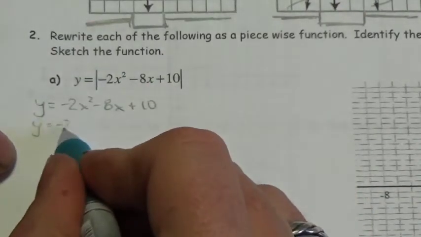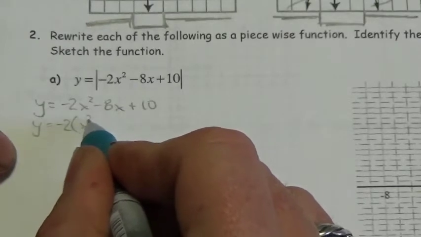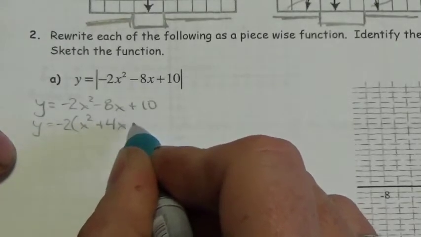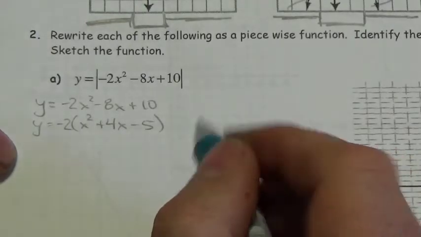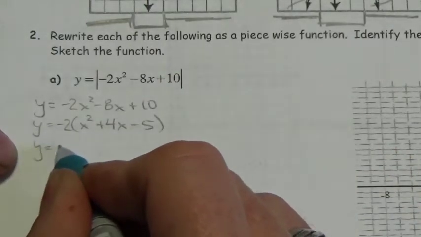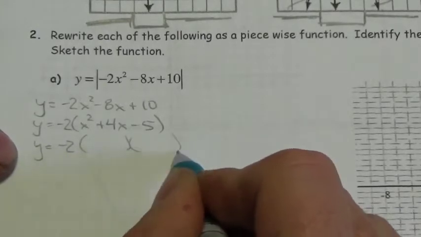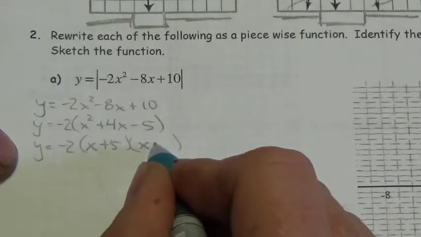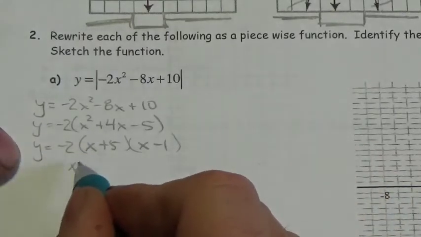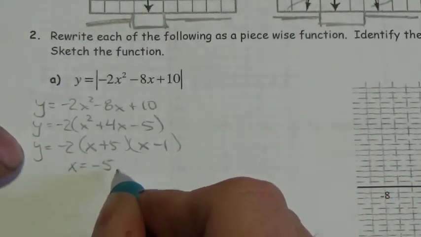I'm going to take out the -2. That's going to give me x squared plus 4x minus 5. Now this can be factored. That's going to be (x + 5)(x - 1).